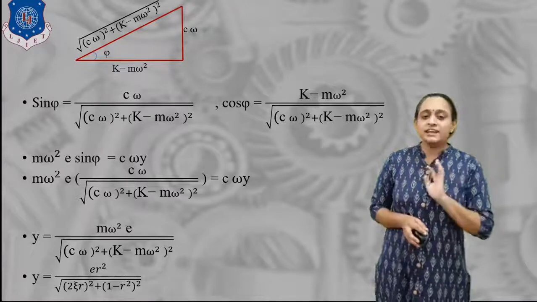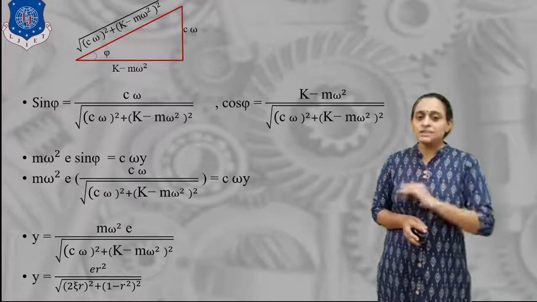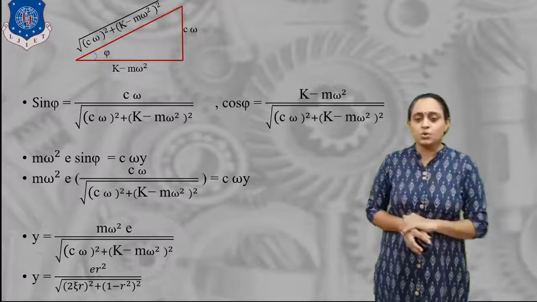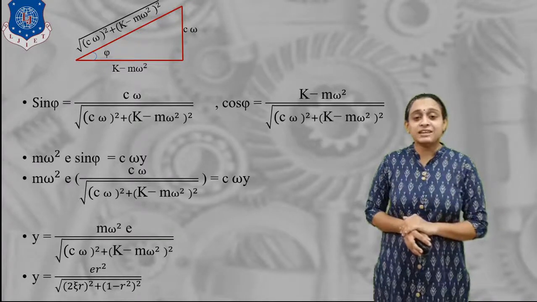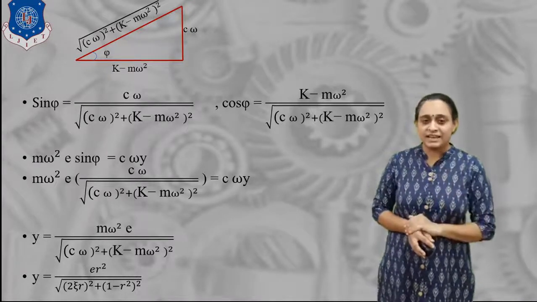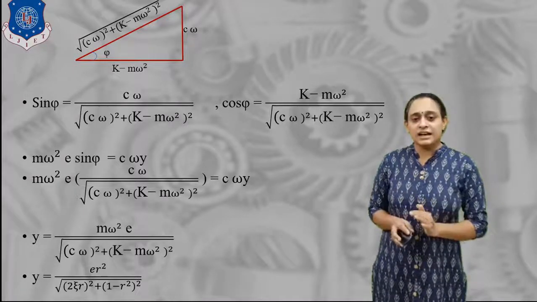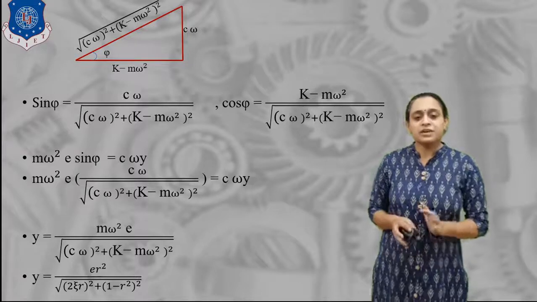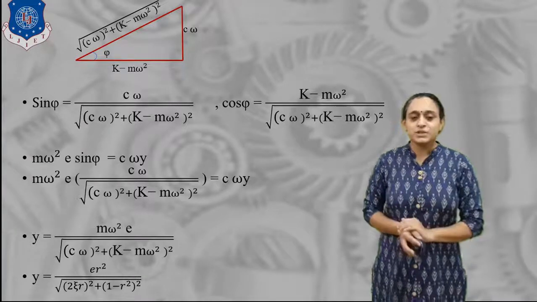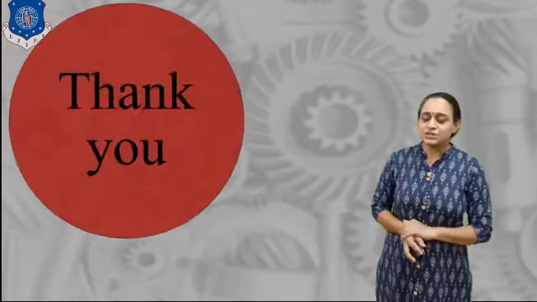So by dividing k with k at both the sides, as the upper as well as lower one, what we will get? We will get the equation y as E r square upon under root of 2 zeta r whole square plus 1 minus r square whole square. So this is our y equation.